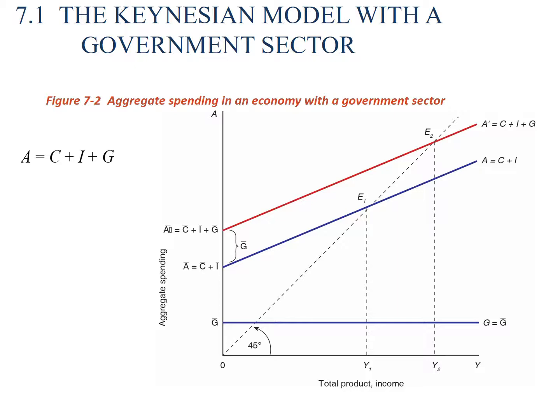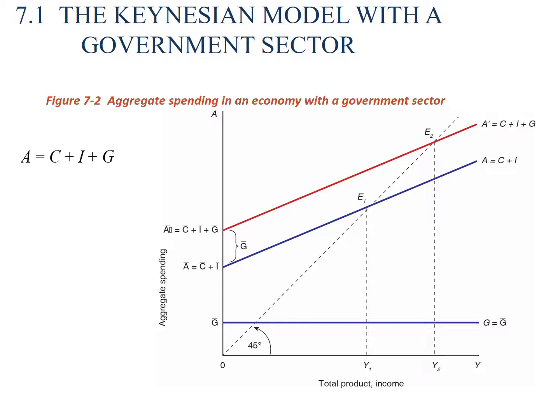Since government spending is autonomous, it affects the position of the curve, that is the intercept of the curve, but not the slope of the curve. As we add government spending, our autonomous spending will increase by the amount of government spending to A prime, which indicates a higher level of spending.